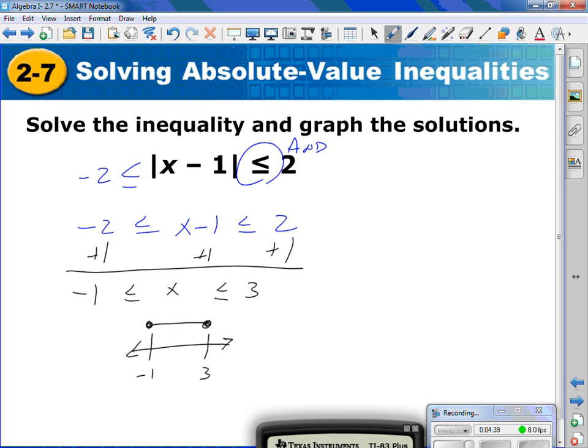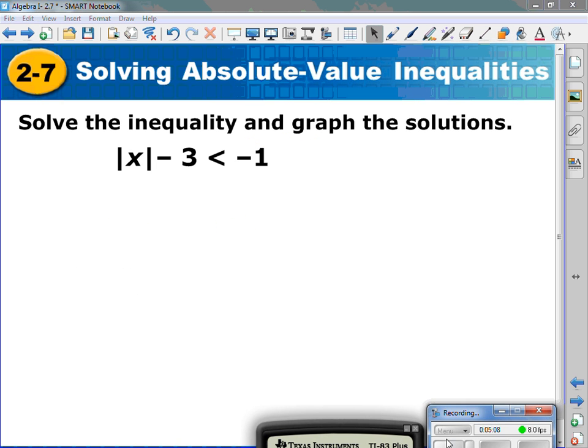Just to check, give me a number in between negative 1 and 3. Give me the best number in between the two. 0. What's 0 minus 1? 0 minus 1 is negative 1. Negative 1, absolute value is 1, less than 2. So I know I'm correct.